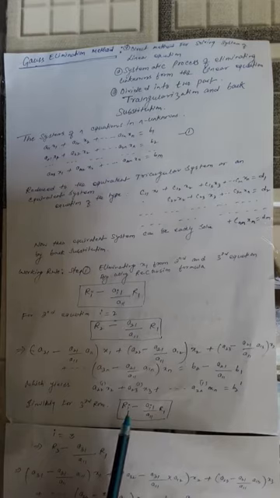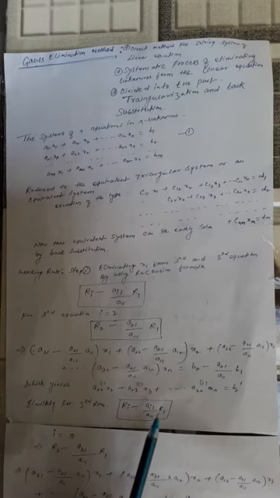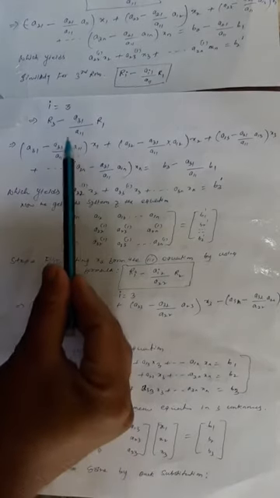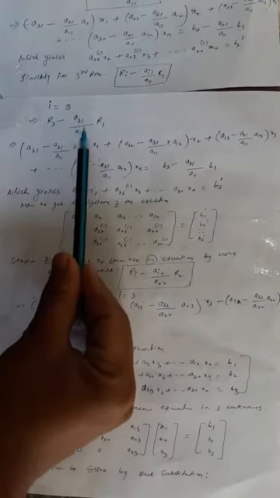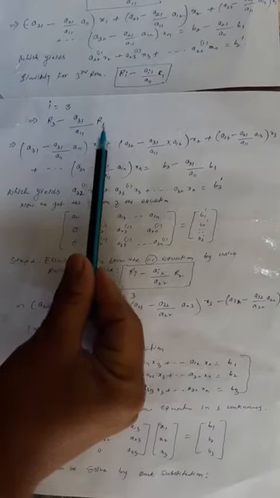Similarly for the third row, the recursion formula is the same: Ri minus (Ai1 divided by A11) R1, where here i will be 3. So it becomes R3 minus (A31 divided by A11) R1.